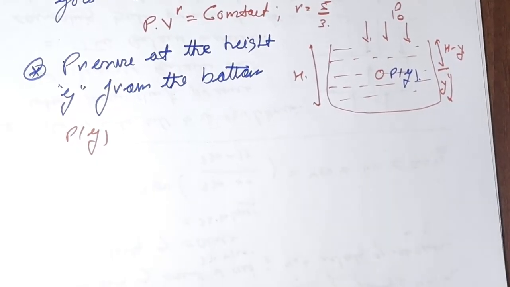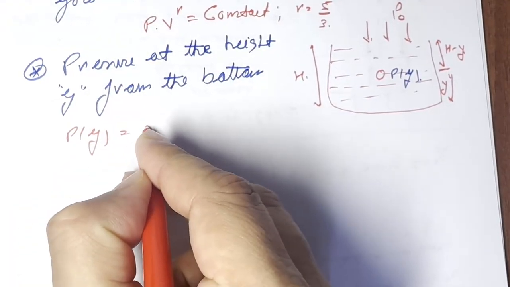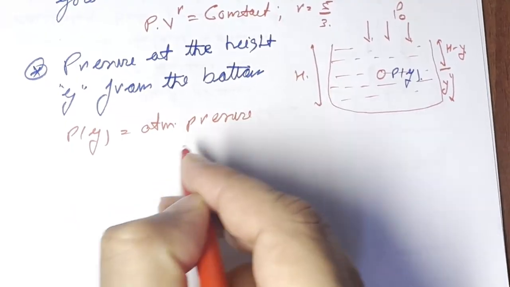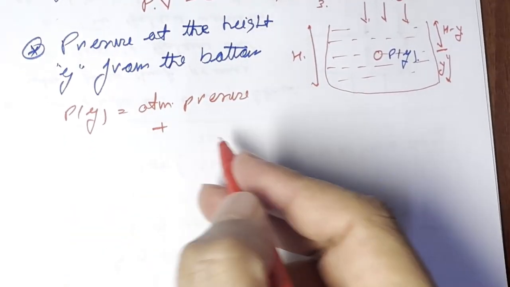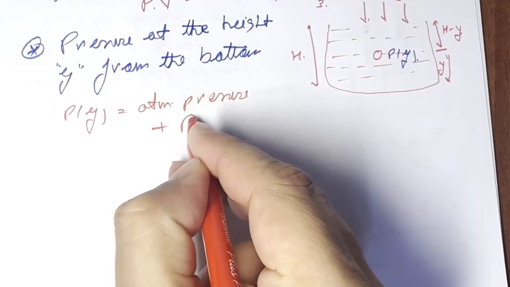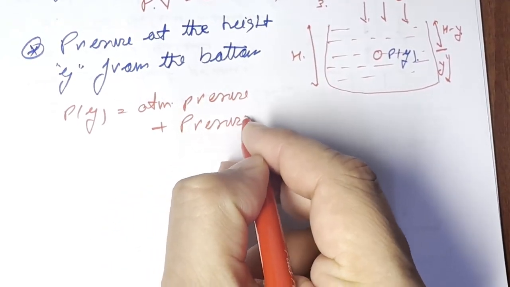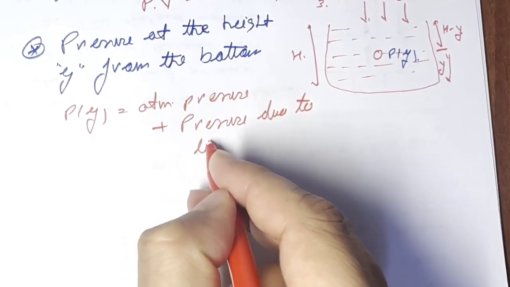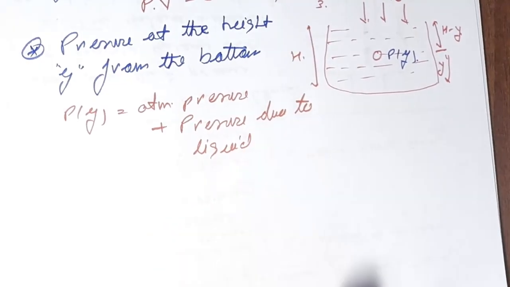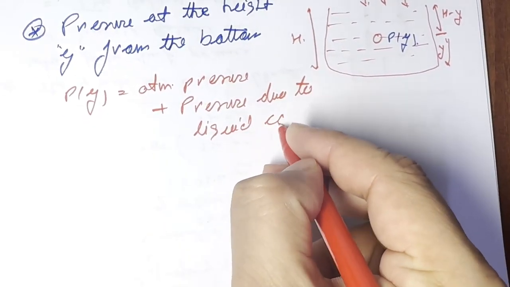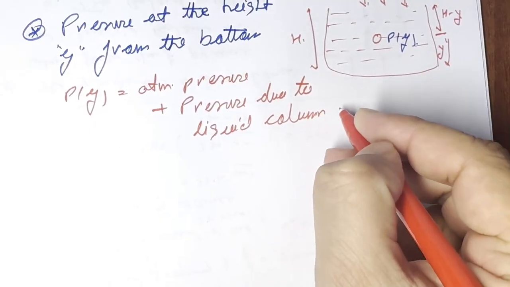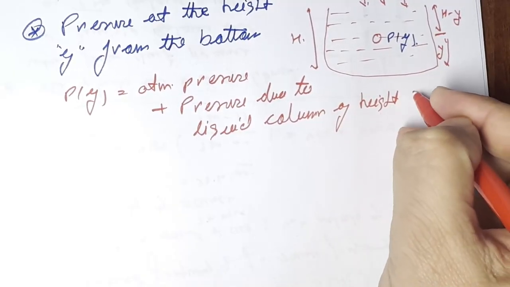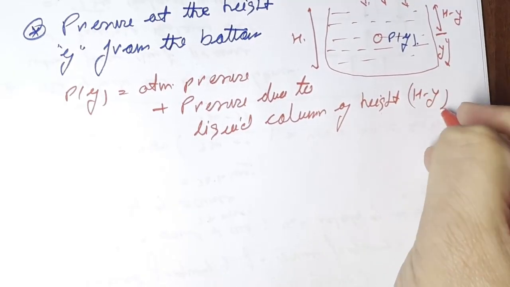So Py will be equal to atmospheric pressure plus pressure due to the liquid column of height H minus y.